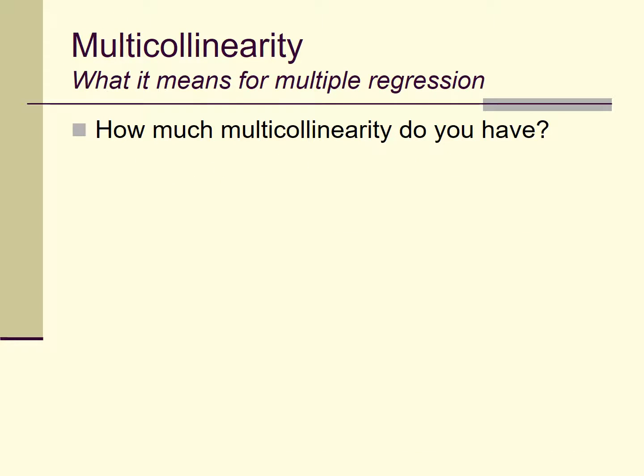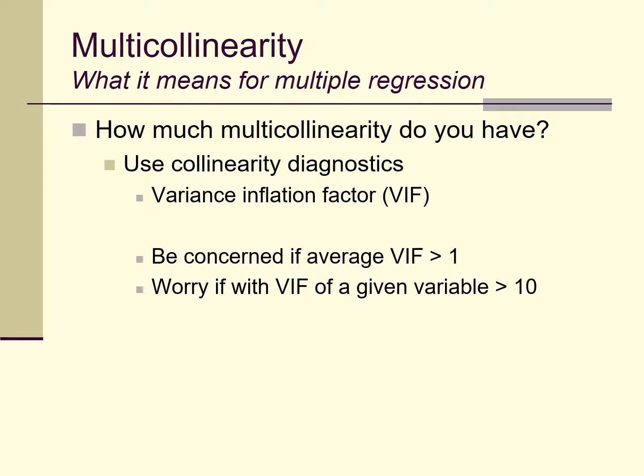There also are a number of calculations that SPSS and other stats programs will give you, which we sometimes call collinearity diagnostics. They are maybe more generally lumped in with the other regression diagnostics, and they include things like variance inflation factor.